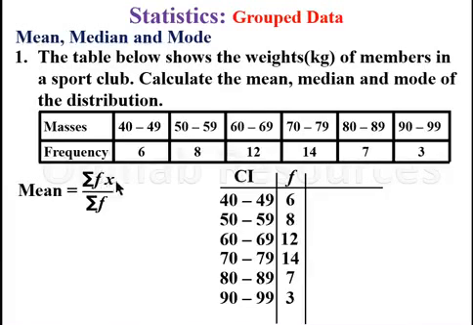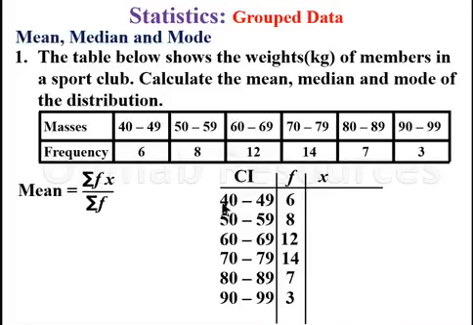Now from this formula, there's no room for x in this table, so we are going to generate another column for x, and that x represents the mid value of the class intervals. So we have x, which is the mid value of the class interval.